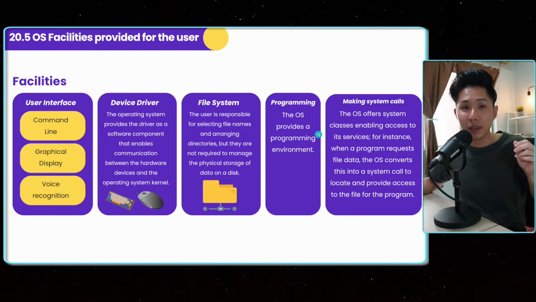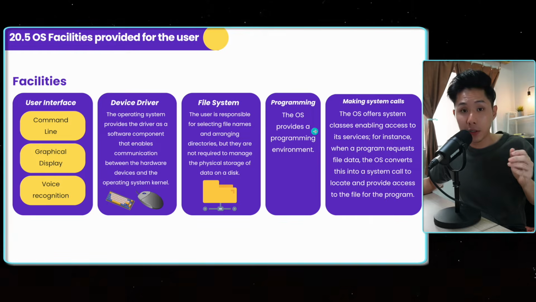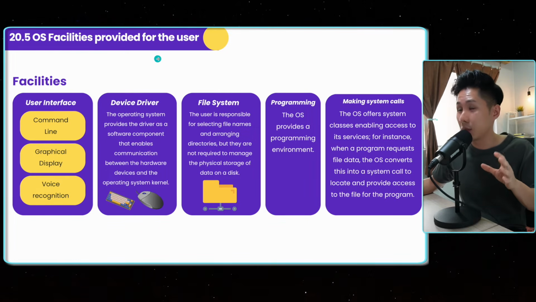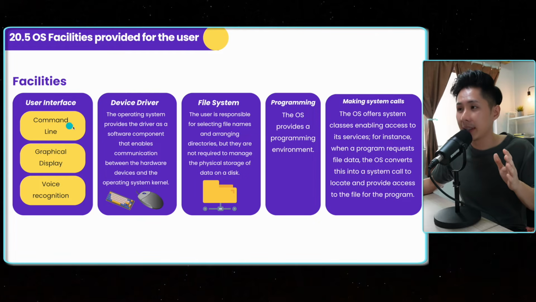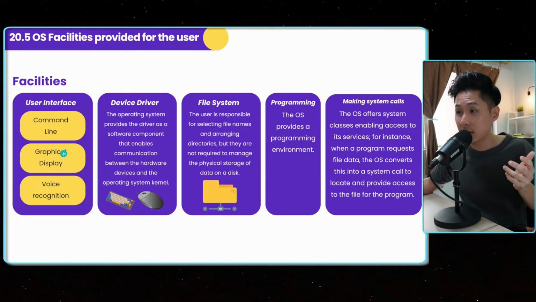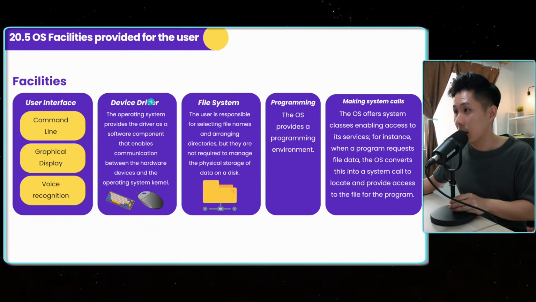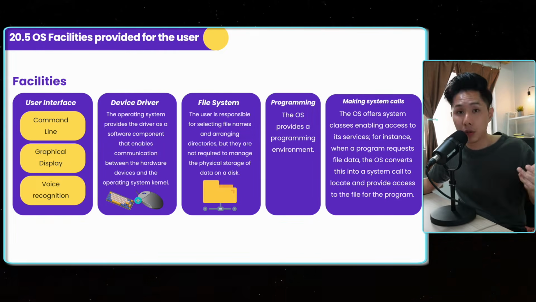We have looked into all the internal viewpoint of how the OS handles resources. Now let's look into what facilities it will give to the user. It's just a very short subchapter. First of all, user interface: command line, graphical display, which is how I'm interacting with my computer right now, and voice recognition like Siri. Second, they also provide device drivers, which allow peripheral devices to communicate with the computer.